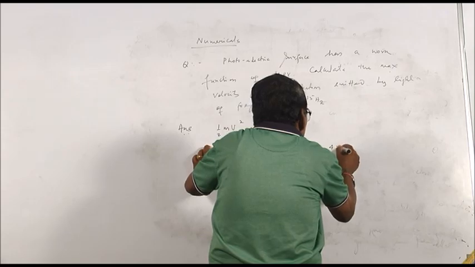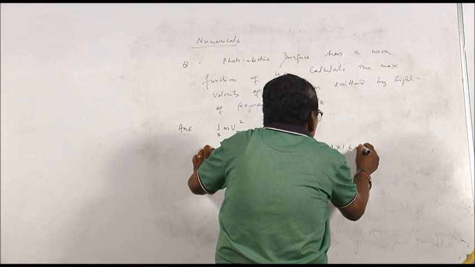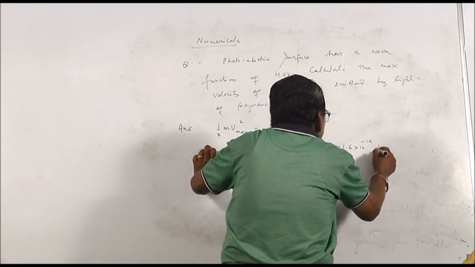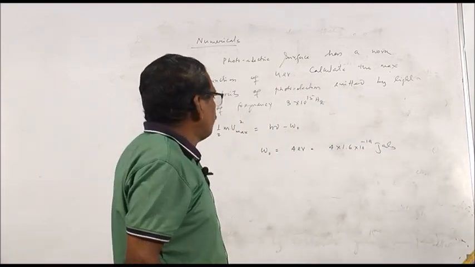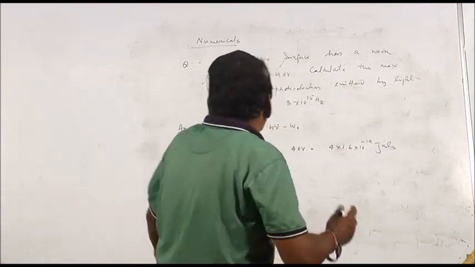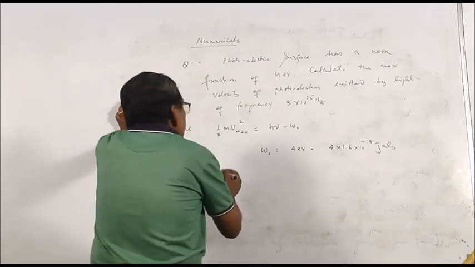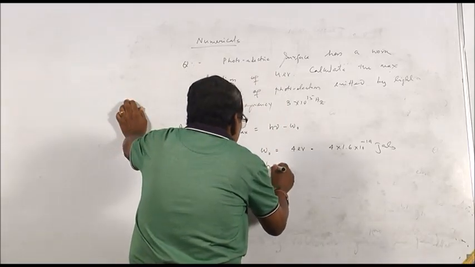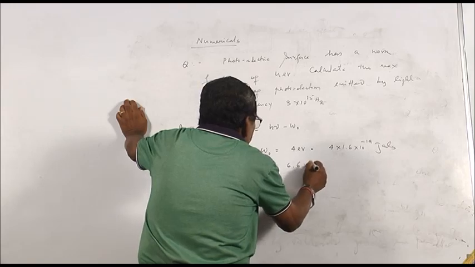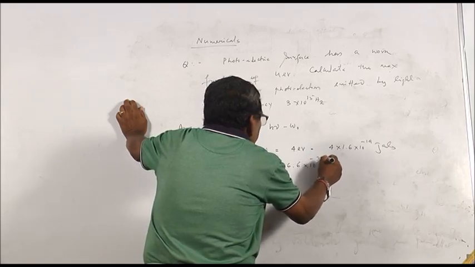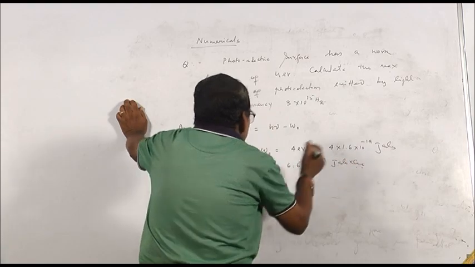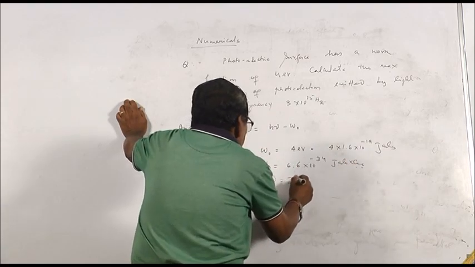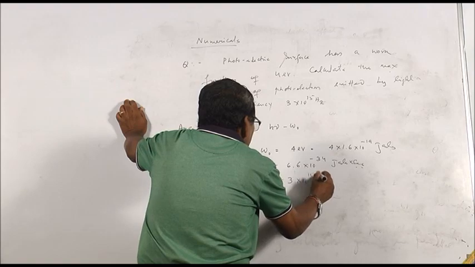For 1 electron volt, I have already told you it is 1.6 into 10 to the minus 19 joules. So the work function is 4 into 1.6 into 10 to the minus 19 joules, and h is 6.6 into 10 to the power minus 34 joule second. Remember this value of Planck's constant. Nu is 3 into 10 to the 15 hertz.